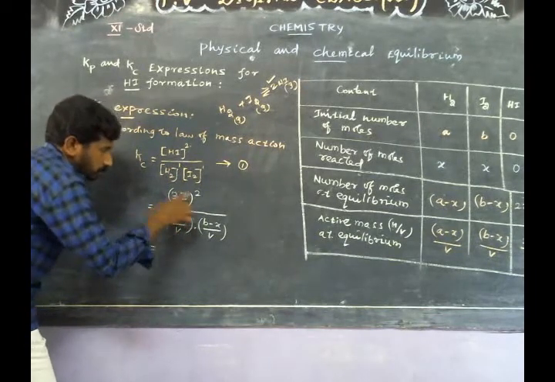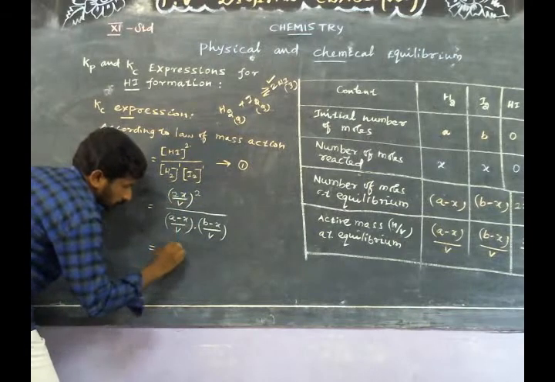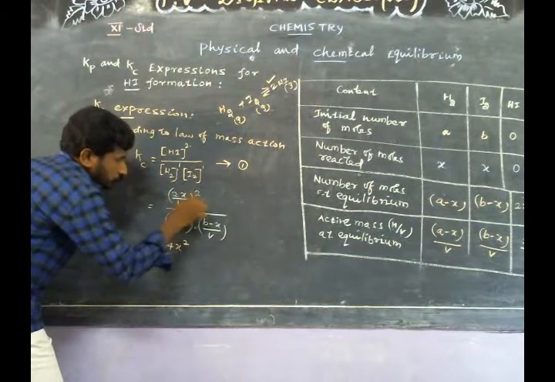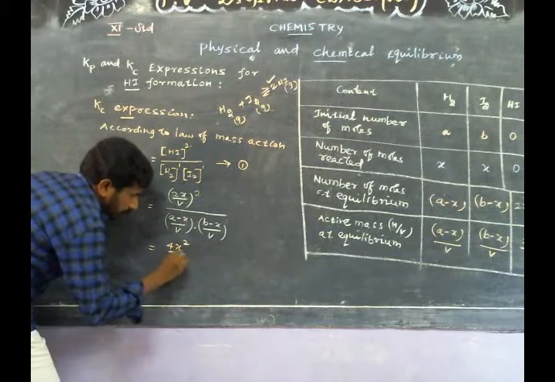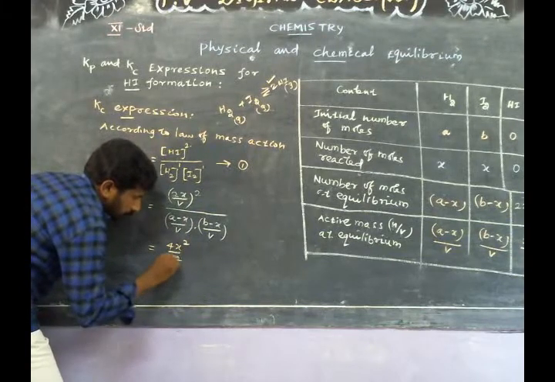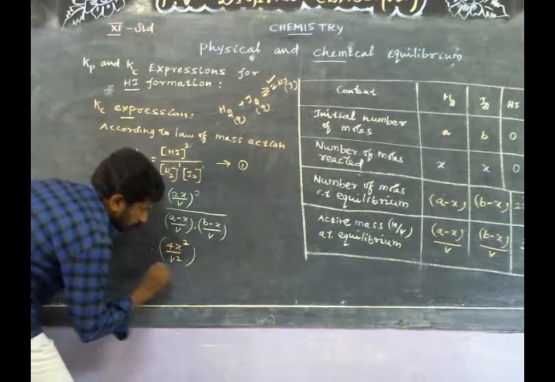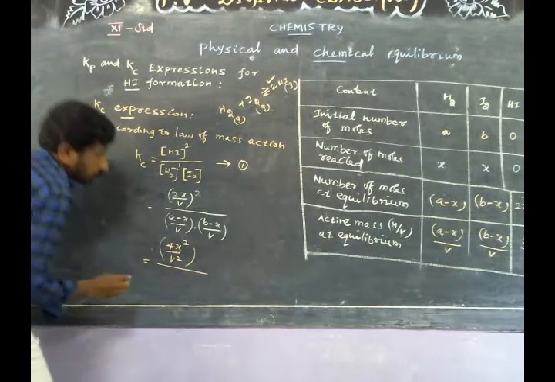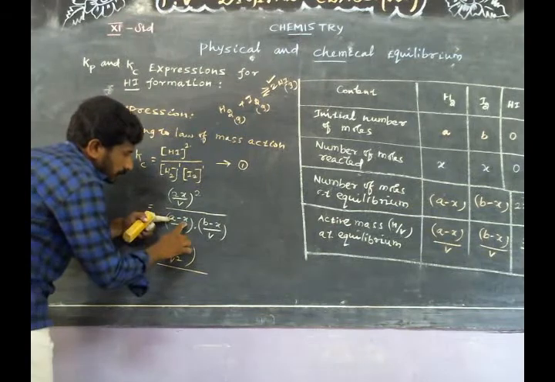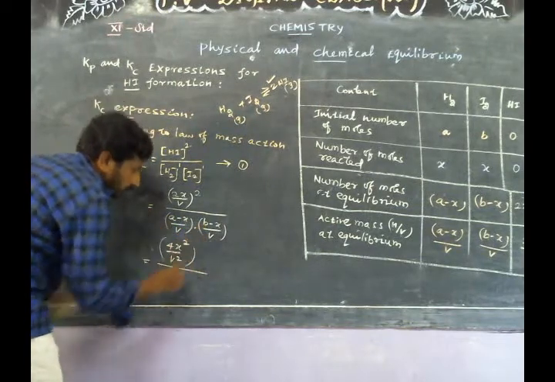This term becomes 4x square divided by V square, divided by A minus x into B minus x divided by V square.